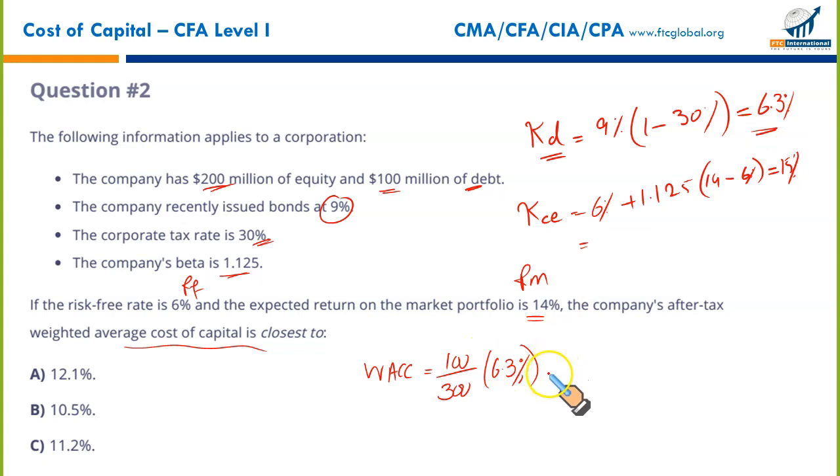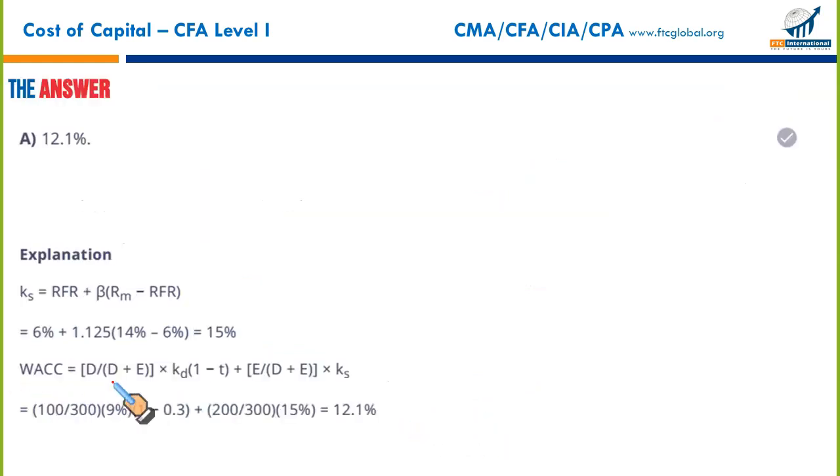No further computation needed. Plus cost of equity is 15%, and the proportion of equity is 200 out of 300. If you simplify all of this, you will get your right answer: 1/3 times 6.3 plus 2/3 of 15. It gives you a total of 12.1. This is your weighted average cost of capital, given in option A, and that's your right answer.